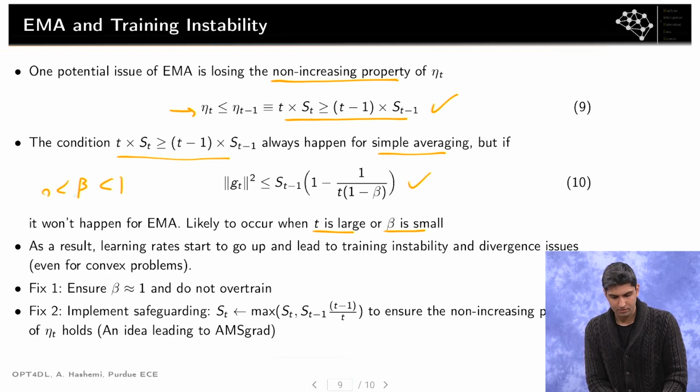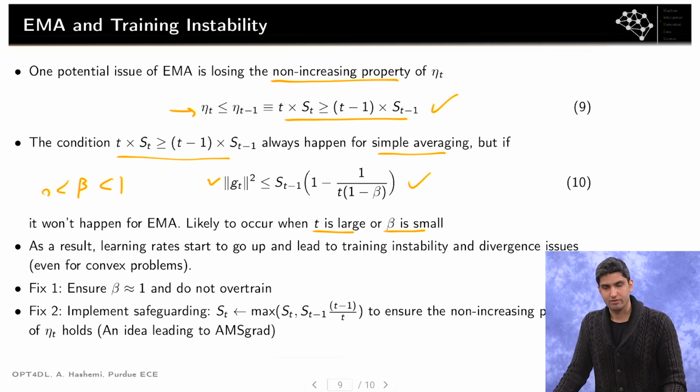By small I mean a beta which is near 0, and by large I mean a beta which is near 1. So you want to make sure that beta is near 1 to reduce the chance of this bad event happening, and therefore we lose the non-increasing property, okay? But nonetheless, even if we use a large beta, this could happen if t is large, okay?